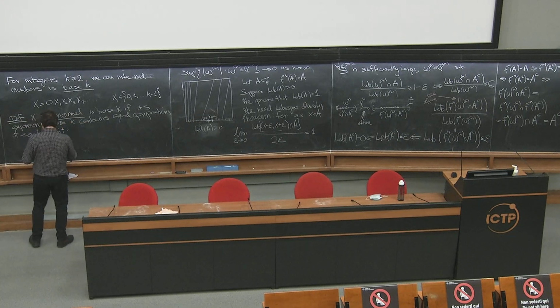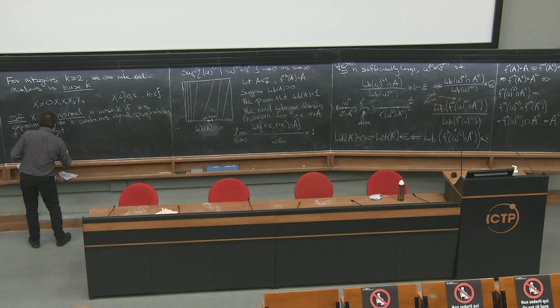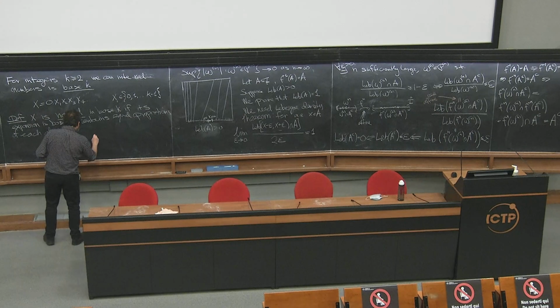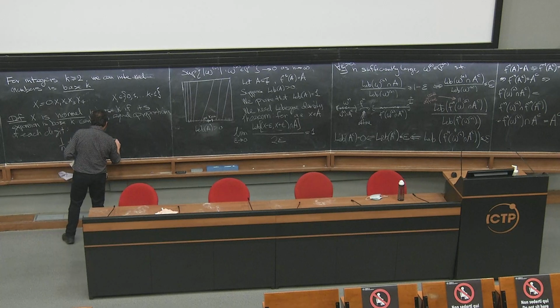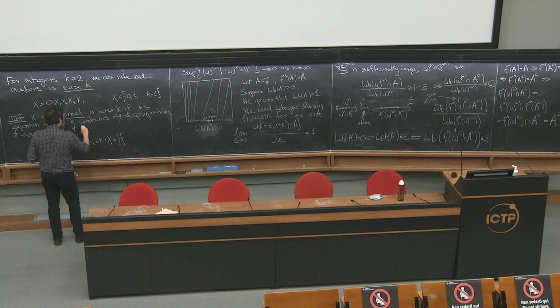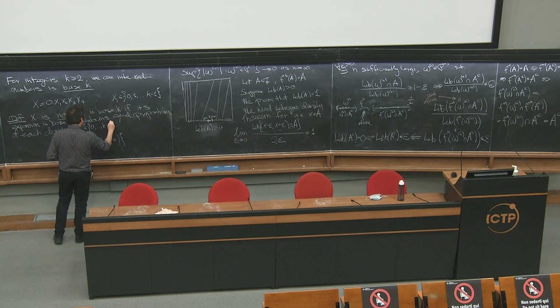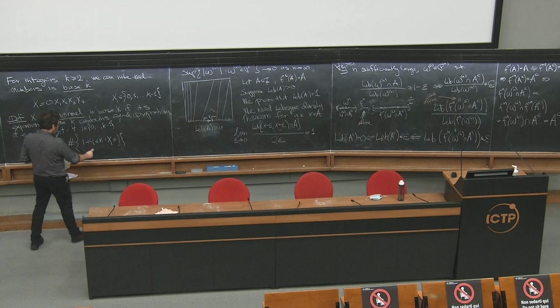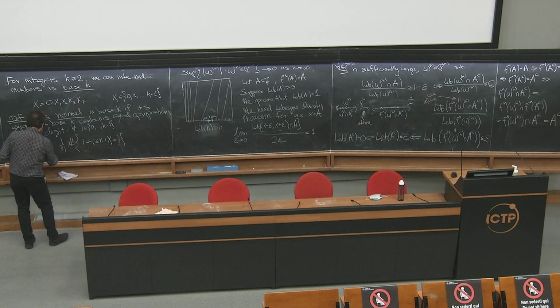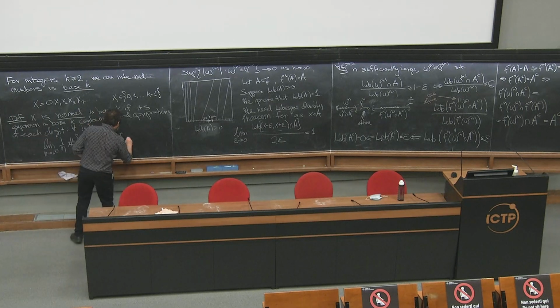So this means that if we take 1 over n times the number of digits i between 1 and n such that xi is equal to j, for all j amongst the allowed digits, the proportion, you look at the limit as n tends to infinity, and this is exactly equal to 1 over k.